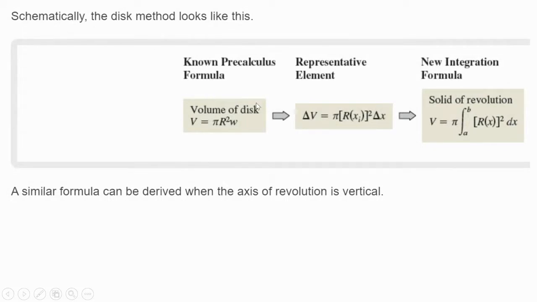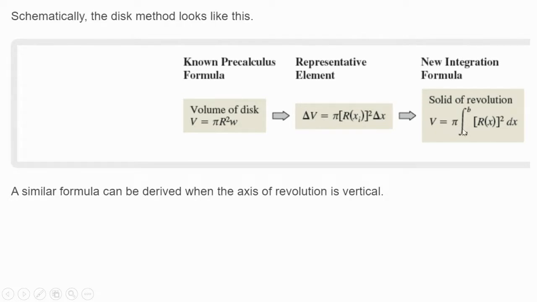We are going to take a known pre-calculus formula: we know the volume of a disk is pi r squared w. Then we draw these slices, and the representative slice, this rectangle, would be pi capital R of x sub i, whole squared, times delta x. When I take the limit, adding up all these little slices, I get the integral, and this is the formula for a solid of revolution.